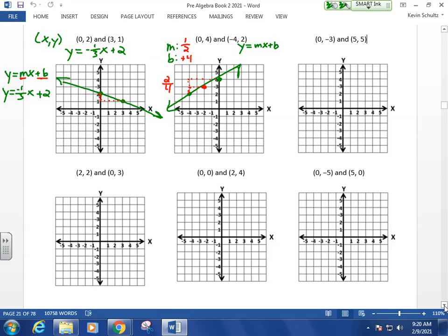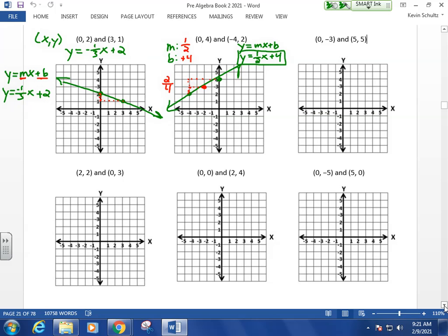The y and the x are not going to change at all. They will be in the equation as y and x. We're plugging in the slope for m and the y-intercept for b. So our equation is y equals 1/2 x plus 4.